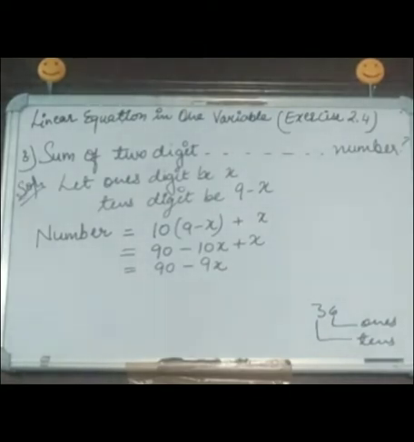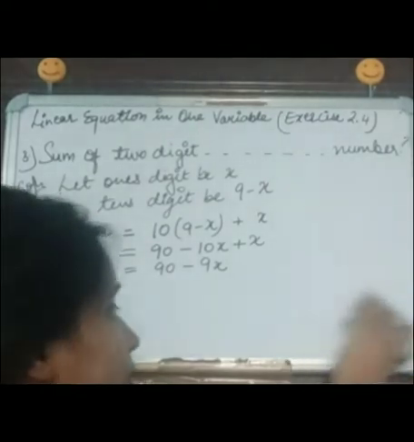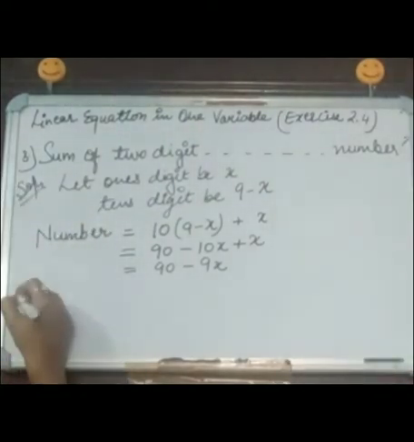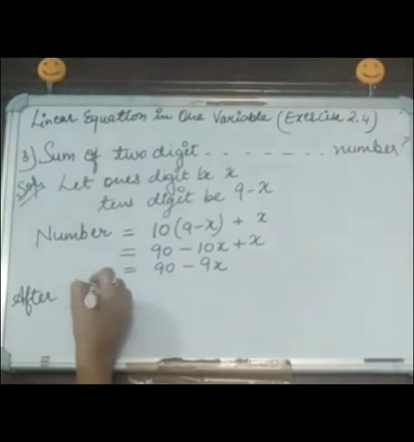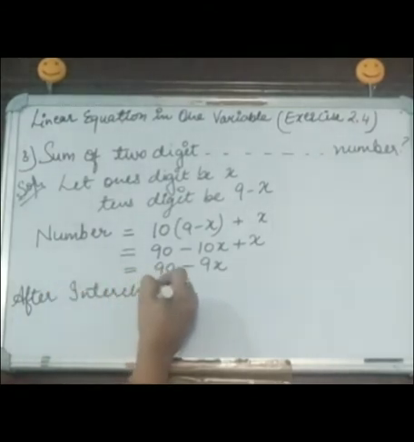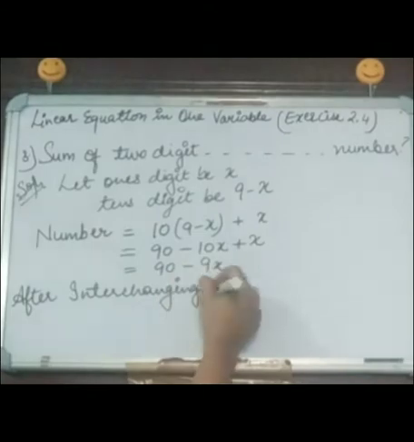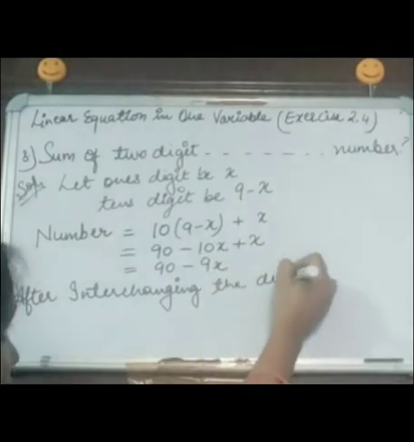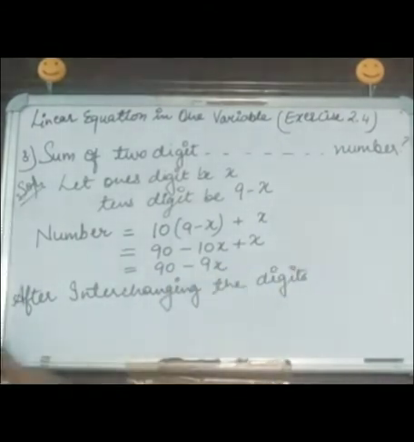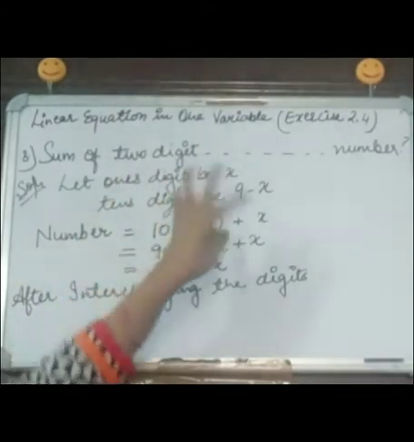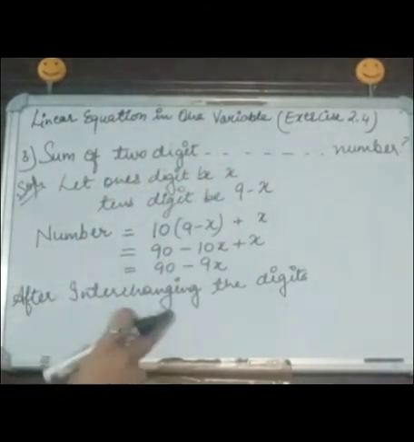Okay, so this is our original number. Now the next thing it is saying is that when we interchange the digits, the resulting new number is greater than the original number by 27. Now we have to interchange the digits. After interchanging, the ones and tens digits will be interchanged, their place values will interchange.